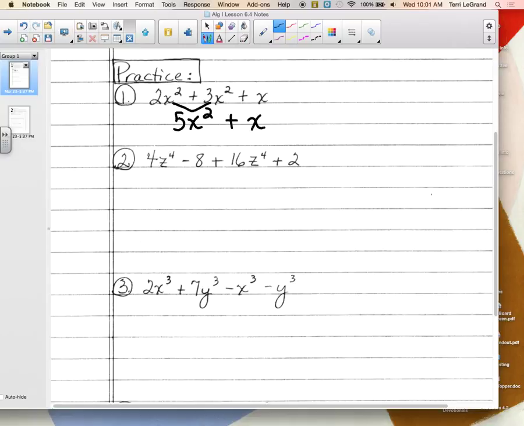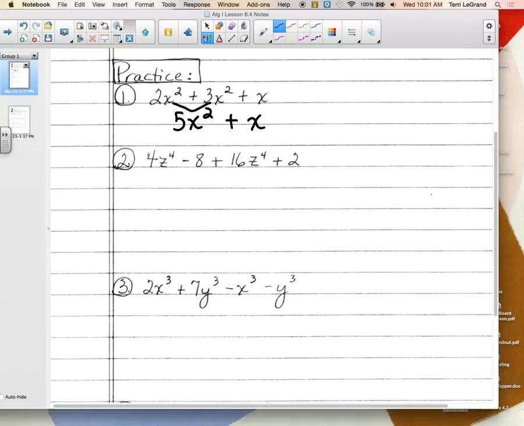And can 5x squared and x now be combined? Are they like terms? No. Are x squareds the same as x's? No, they're not. It's kind of like saying that an orange is like a tangerine. Even though they're the same color, it does not mean they're the same fruit. And they're both citrus fruits.